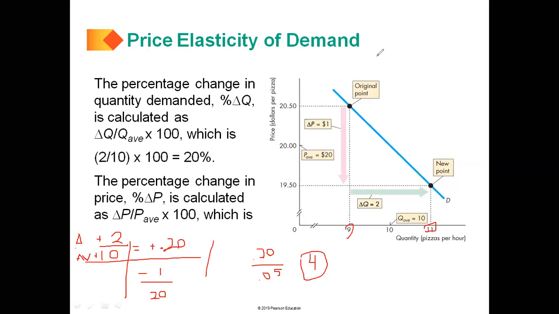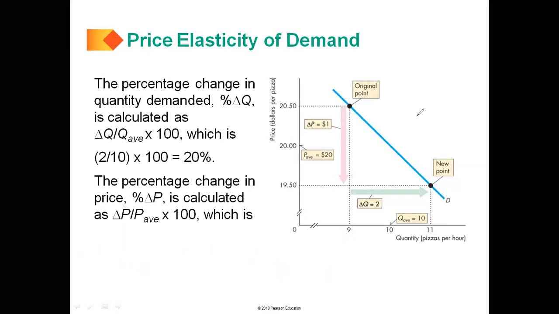So this is about as complicated as it gets. Not quite. But this idea is simply measuring the sensitivity of quantity demanded to change in price. And it should make sense to you that I'd want to know this and why. It tells me the nature of the demand and whether the consumers are very finicky about price. Maybe there's a lot of other stuff like the potato chip example I gave.